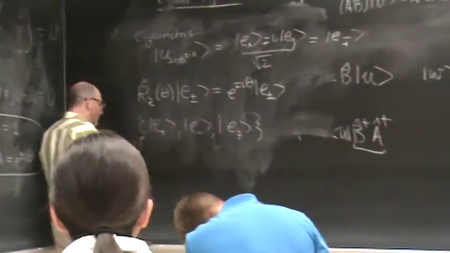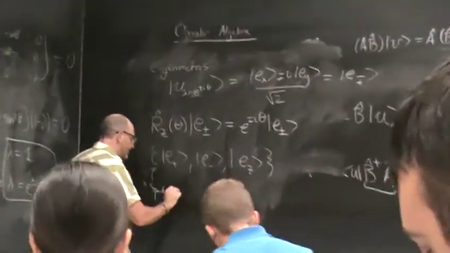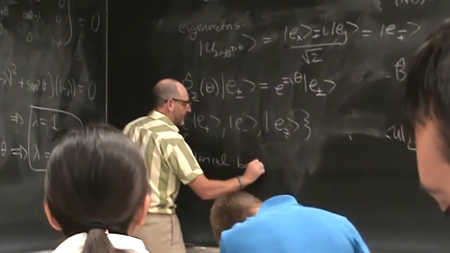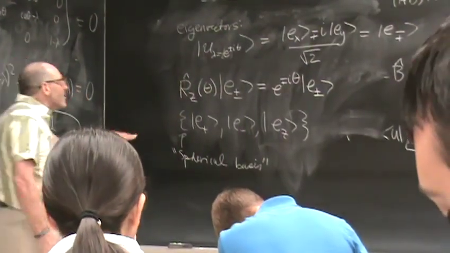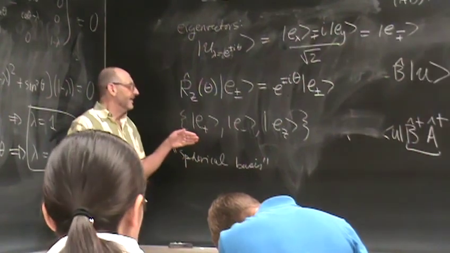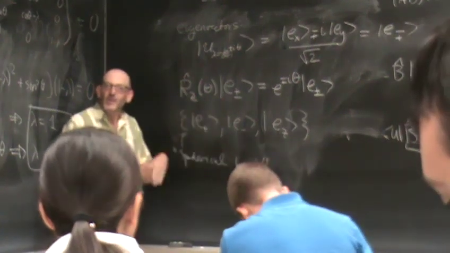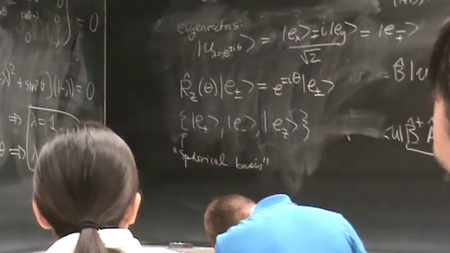This is sometimes known as the spherical basis. Not to do with spherical coordinates, but it has to do with spherical symmetry. It's the basis that will play a very important role in the theory of irreducible tensor operators and the Wigner-Eckart theorem and all this good stuff that we'll see next semester.